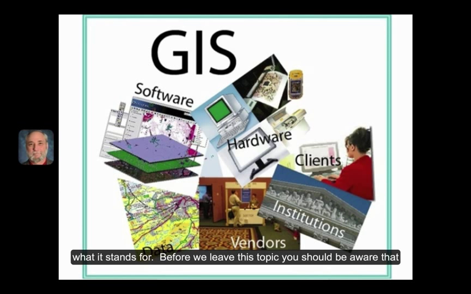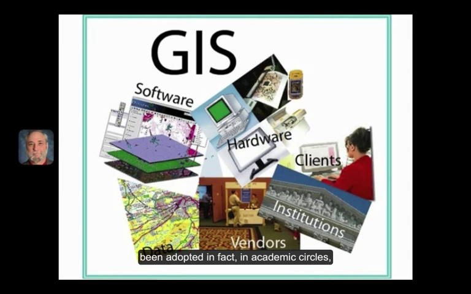Before we leave this topic, you should be aware that GIS is actually acquiring a new term. It's pretty much been adopted in academic circles, in that GIS has now been expanded to be GIS and T, which means Geographic Information Science and Technology.